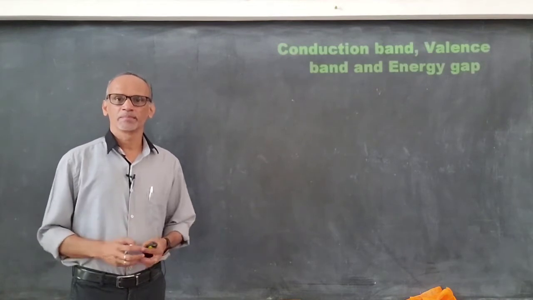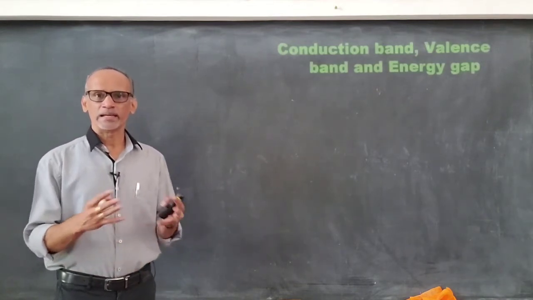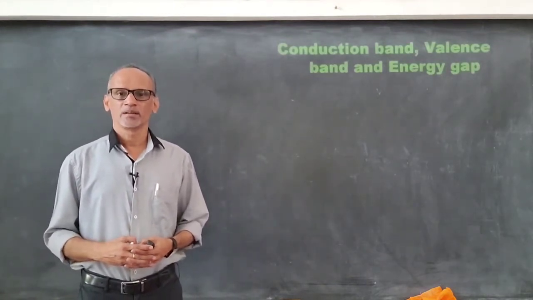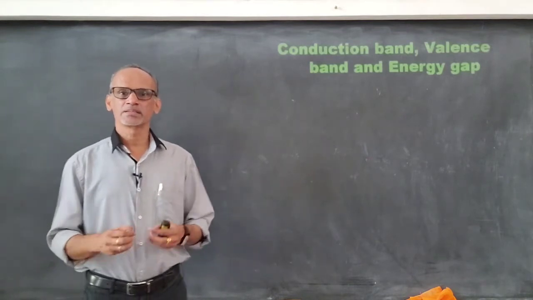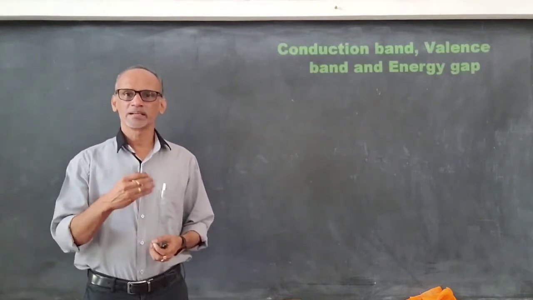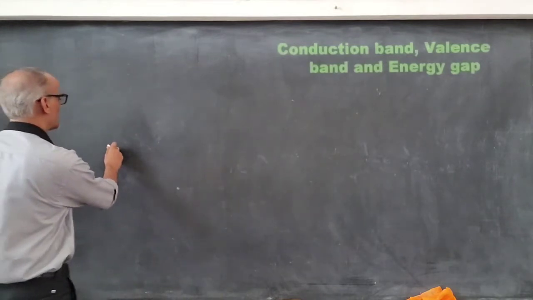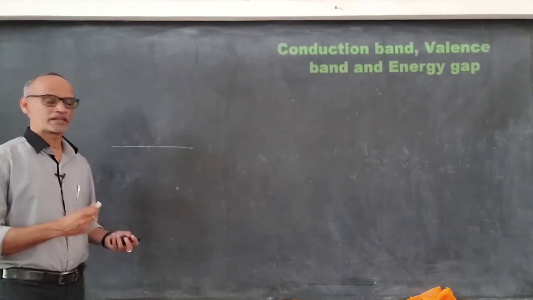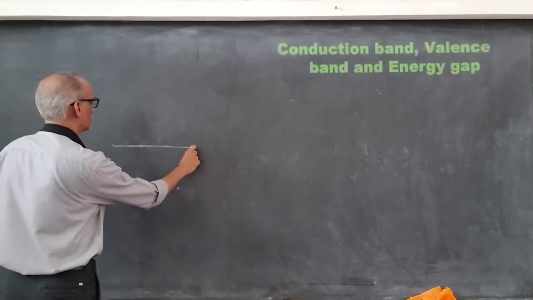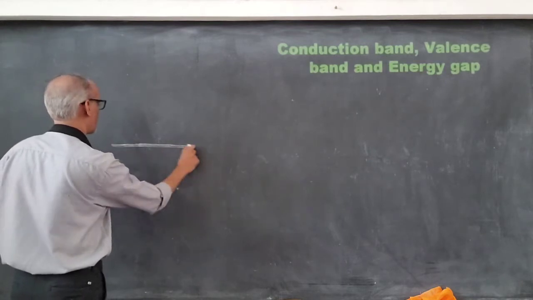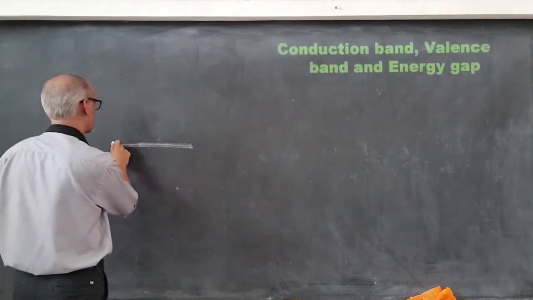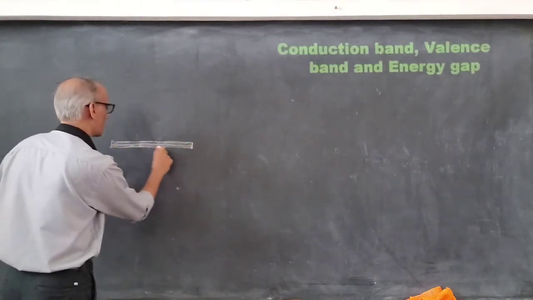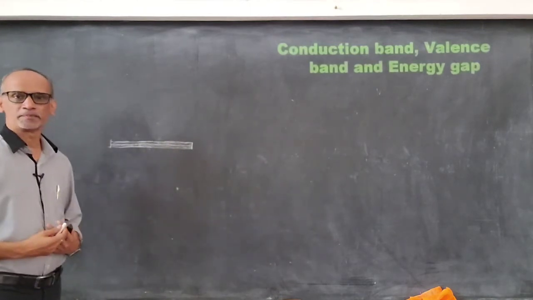So, in an atom there are outermost electrons which we call valence electrons, and corresponding to this valence electron there exists some energy, and for all these energies we can draw their energy levels. And the energy possessed by different valence electrons is different, and that is why we get a group of energy levels together, which we can represent something like this, and this set of energy levels forms a band, and it is called the energy band.